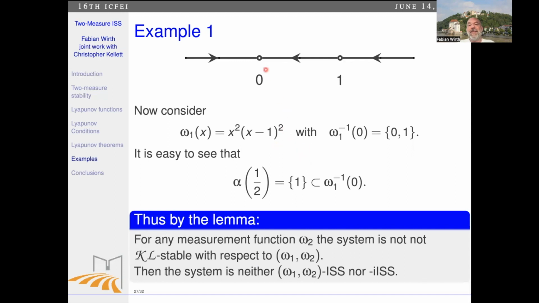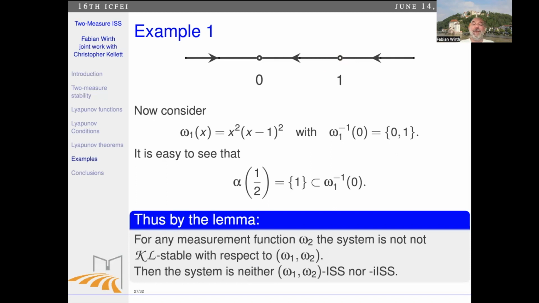And the reason for that is basically, well, there's this point here where the trajectory doesn't behave in the right way in terms of the measurement function omega 2, because basically here we don't move. But in omega 1, this is 0, right?